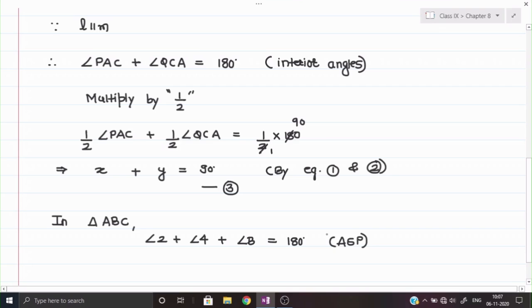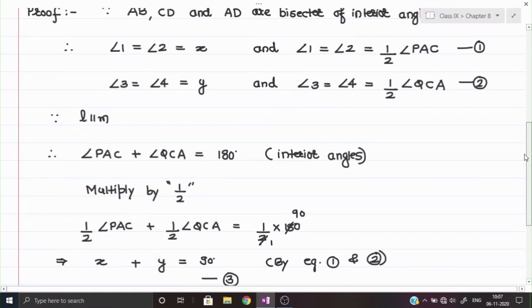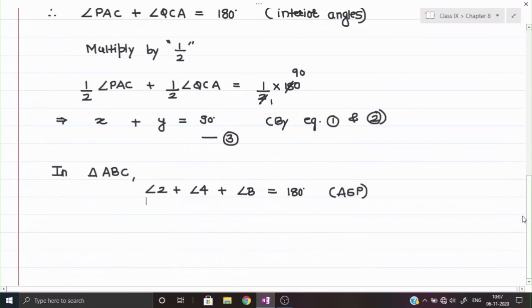Now angle 2 you observe in equation 1 and equation number 2, we have taken as x, and angle 4 we have taken as y. So angle 2 and angle 4 we shall replace it by x and y. So this will be x plus y plus angle B is equal to 180 degree. This we can say by again equation first and second.